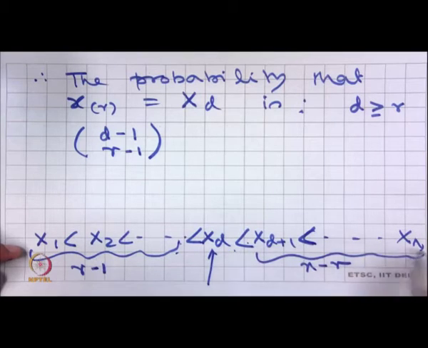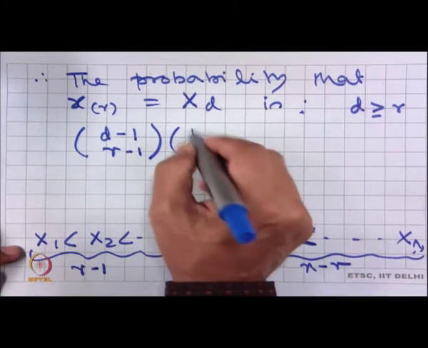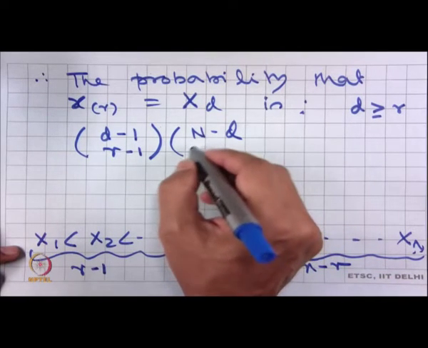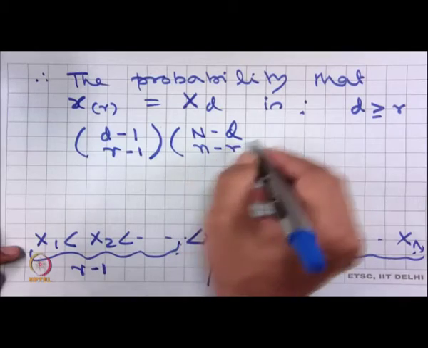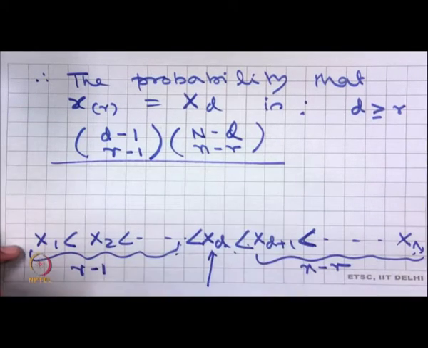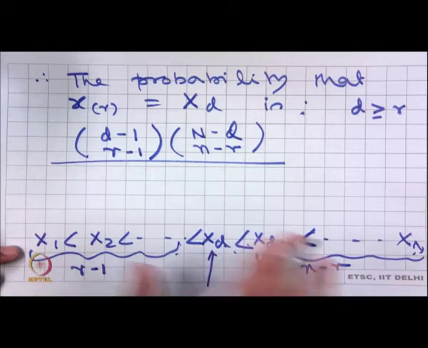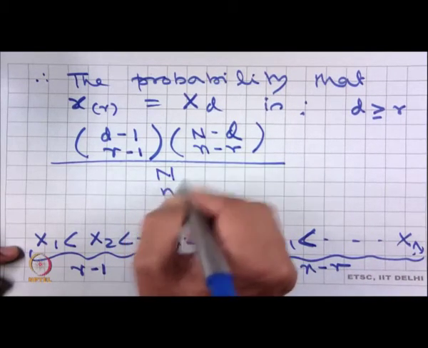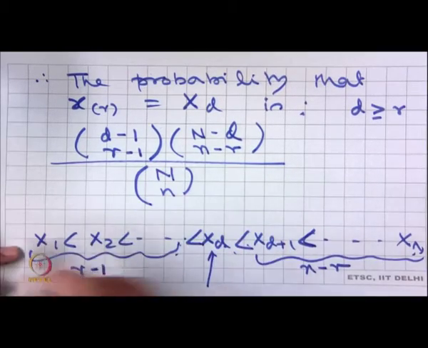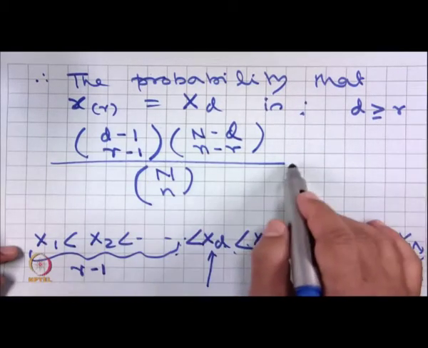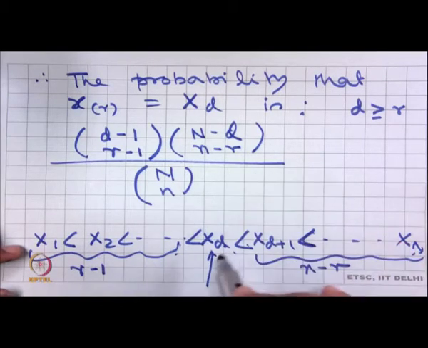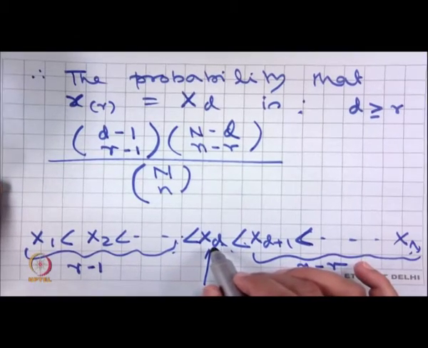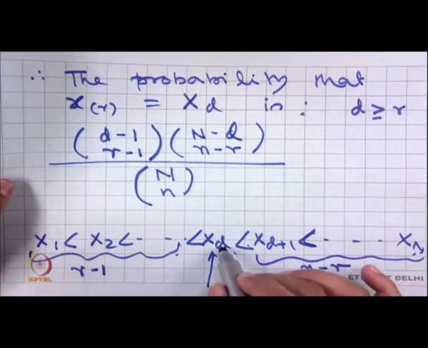Here how many elements are there? N minus d elements, and from here I have to choose n minus r elements, and the number of possible ways of selection is n c n. Therefore, this is going to be the probability that the rth order statistic of the sample is actually the dth one of the population.